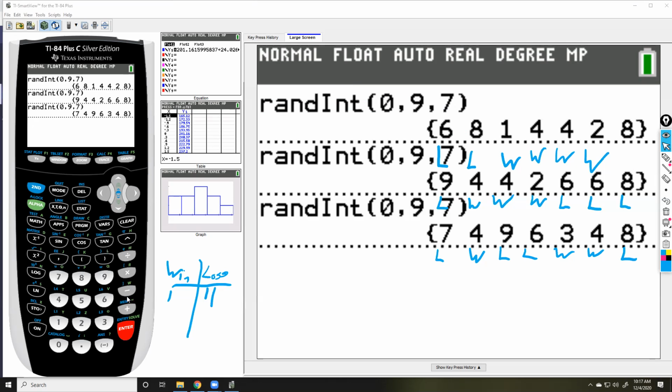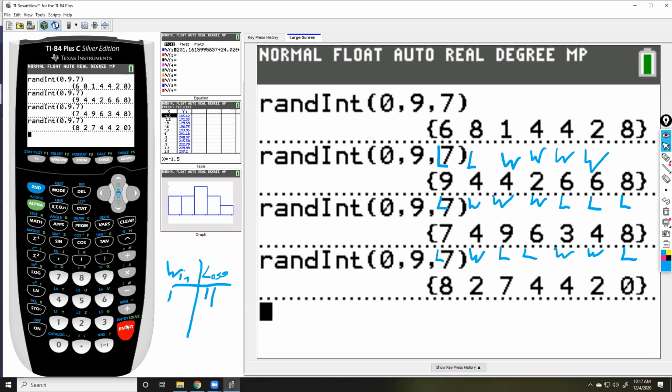And so in theory, what we would do, here's loss, win, win, win, and we win that one.